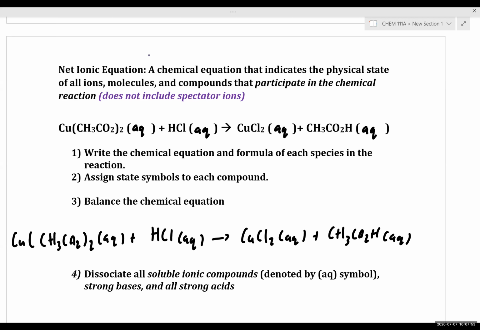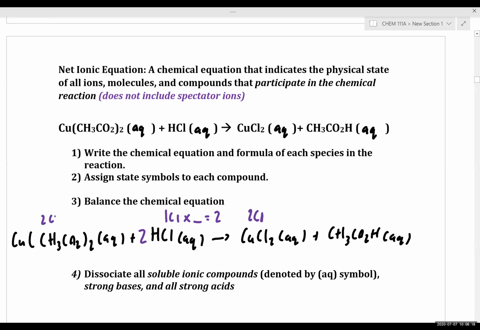No, it's not. So looking, we see we have 2 chlorines on the right and we have 1 chlorine on the left. So 1 times what is equal to 2? What coefficient do we need for HCl? 2, yep.